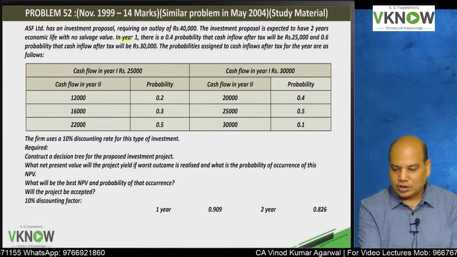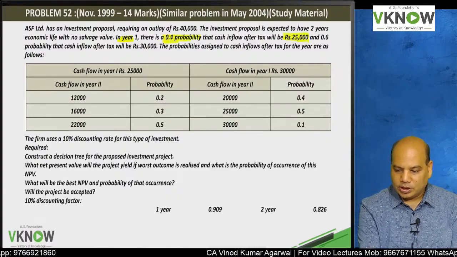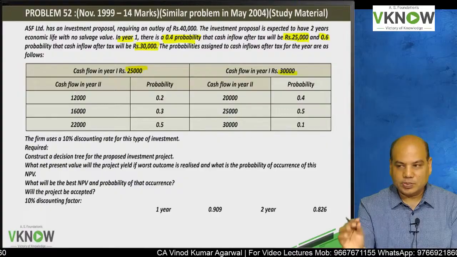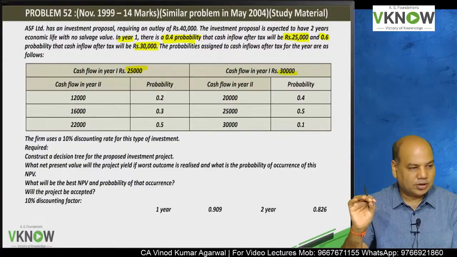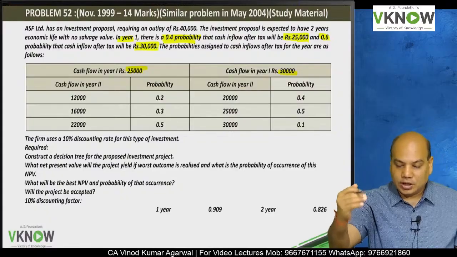So in year 1, we can get 25,000 with 0.4 probability, or 30,000 with 0.6 probability. That means if I start the project, in year 1 there are two possibilities, 25,000 and 30,000.